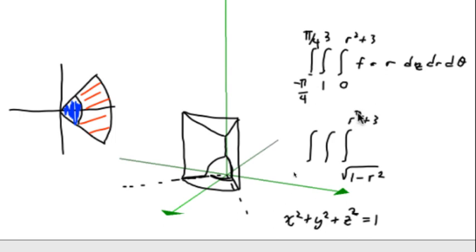And now my double integral will be, r goes from 0 to 1. Theta goes from the same angle change, right? And again, f times r times dz dr d theta.